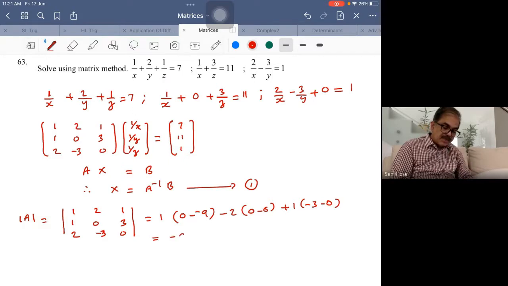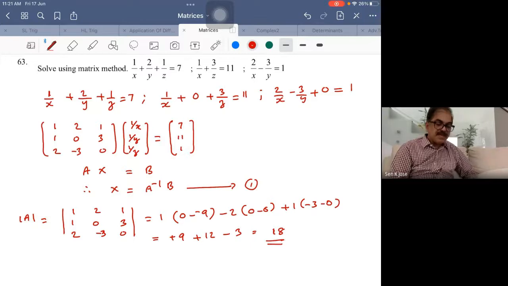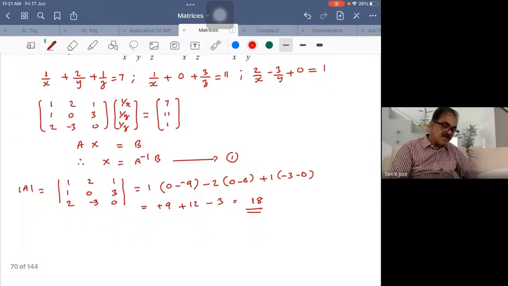So that's going to be 9 plus 12 minus 3, and that's going to be 18. Determinant A is 18. Now I need the cofactors to be done.